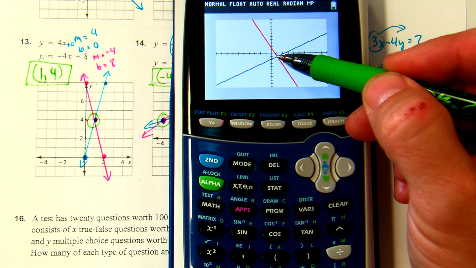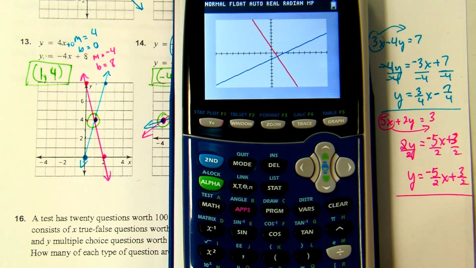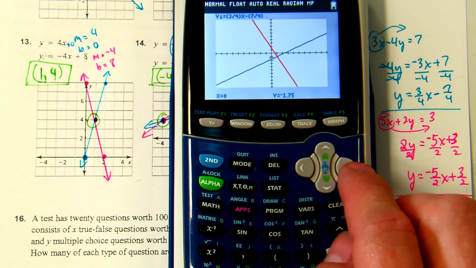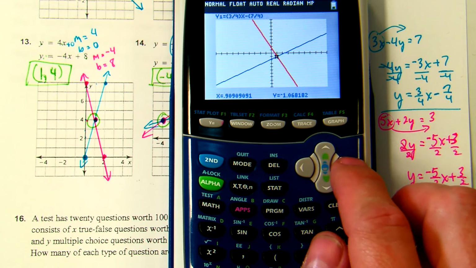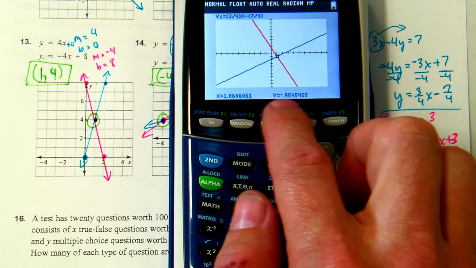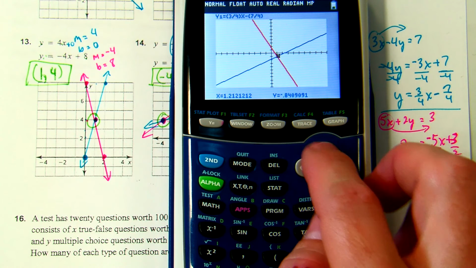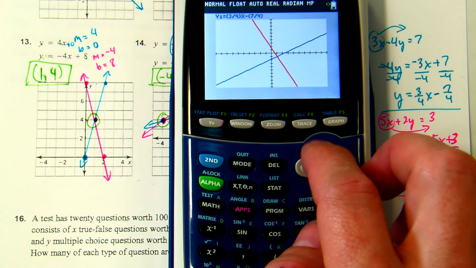X is 1, y is negative 1. It's pretty close, but it's hard to tell, right? And we're not real sure because there's some fractions involved there, and it kind of scares us a little bit. We could hit trace and move along this graph, this line, and you can see we get pretty close to a positive 1 and a negative 1 for y, but it doesn't give us exact points there.